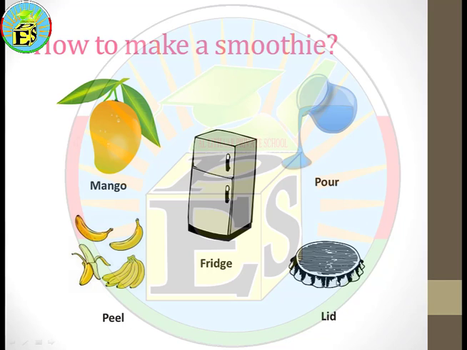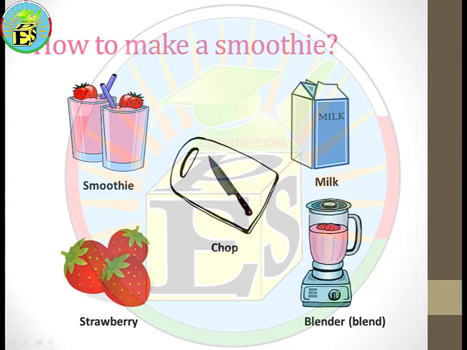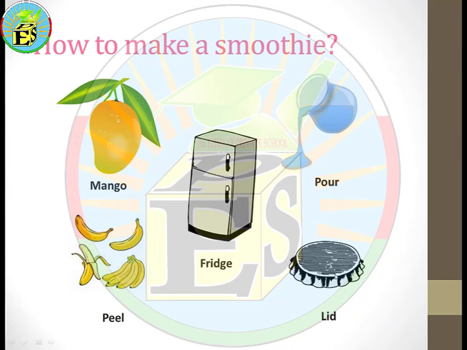What is the meaning of lid? Let's go back to look at the blender here. This is the lid of the blender, the cover of the blender, okay? It's a plastic cover for the blender that keeps everything inside the blender. Okay, so this is the meaning of lid. So fizzy drinks have lids, okay?